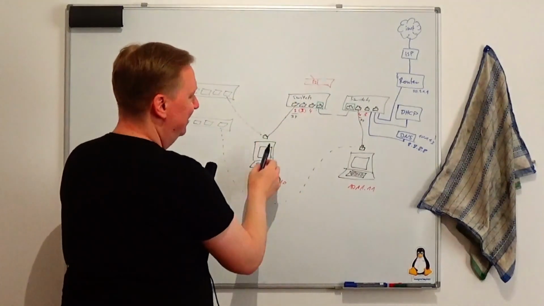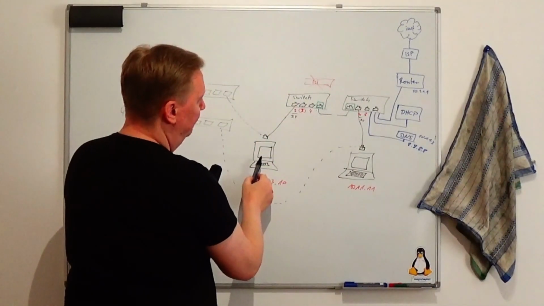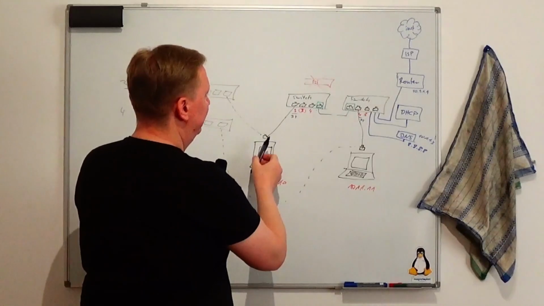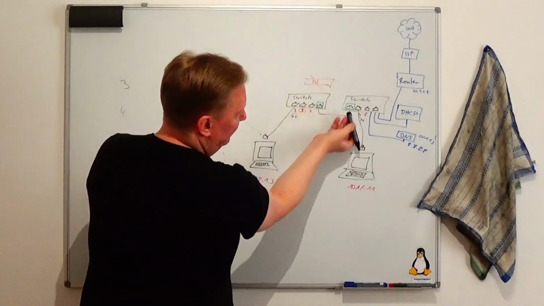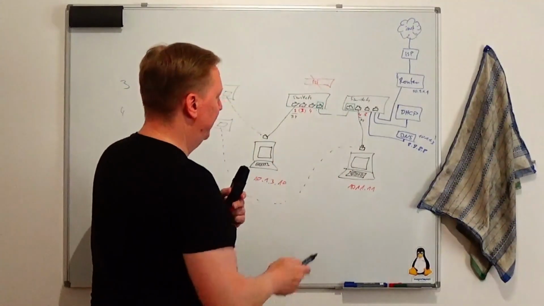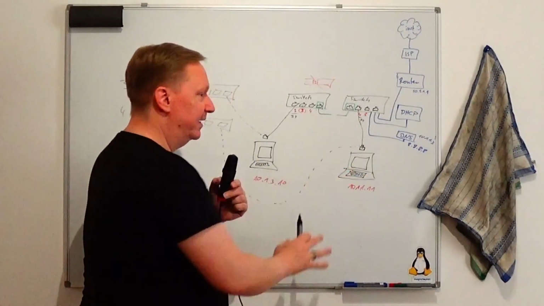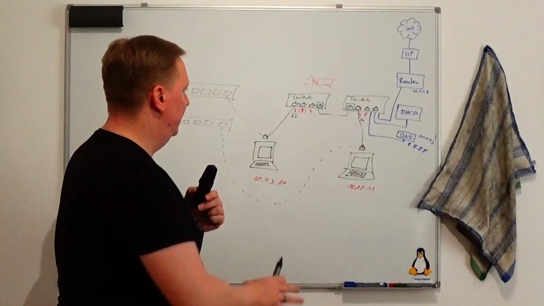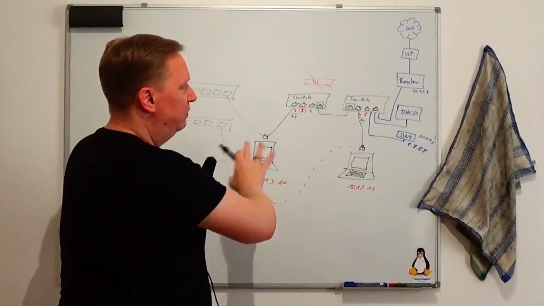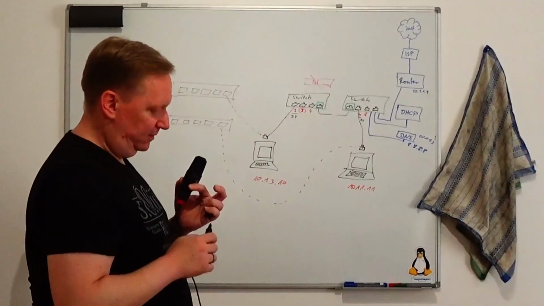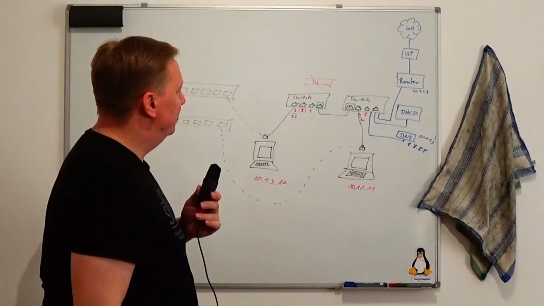This device receives on VLAN 4. This device sends on VLAN 3. This device receives on VLAN 3. So although they are in different VLANs, they can communicate directly with each other. Okay, and they would even receive each other's broadcast messages.